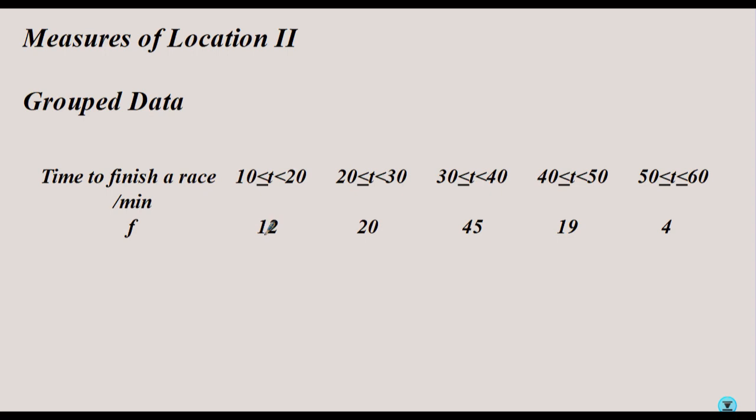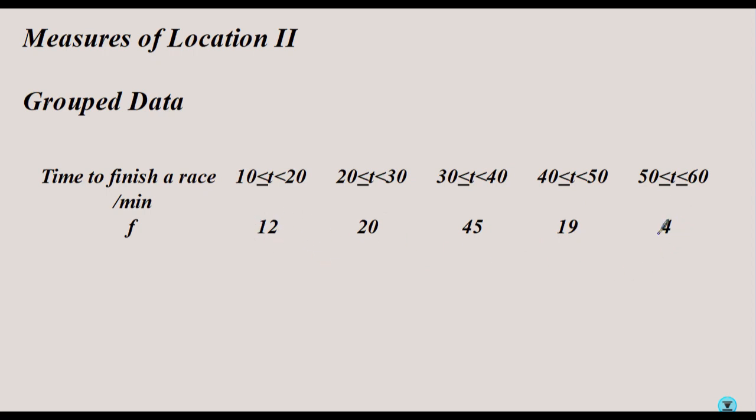They are few compared to the rest of the data set. And those are the people who joined in the race for fun. They probably took a leisurely walk along the race, so they took about an hour. And as you would expect, in most variables, the bulk of the data is collected here in the middle. The extremes are usually rare.